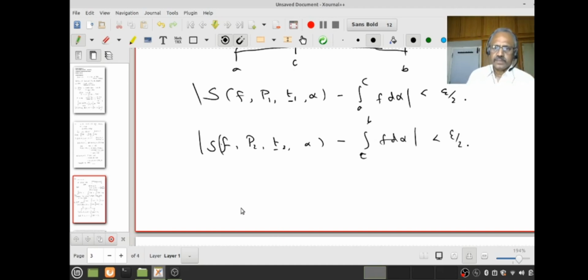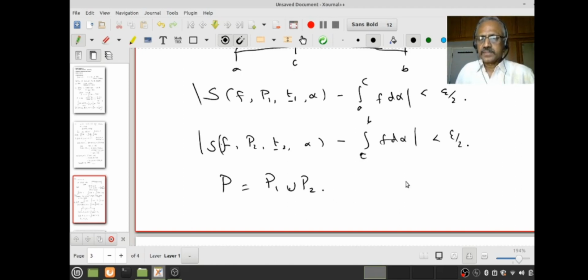Now all of you know the general trick. Take P equal to P1 union P2. Now notice that C will be an element of P all the time. Did you understand that?